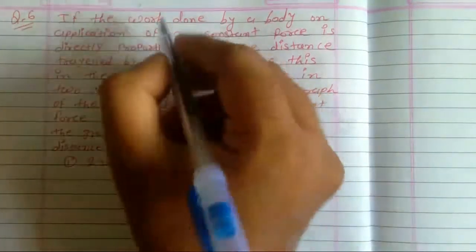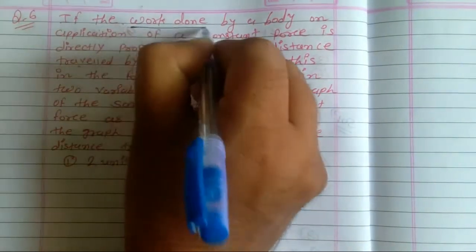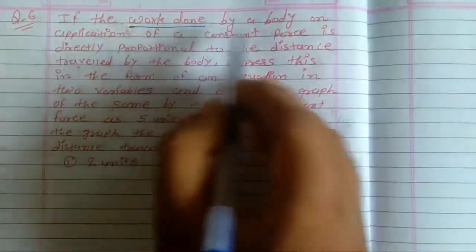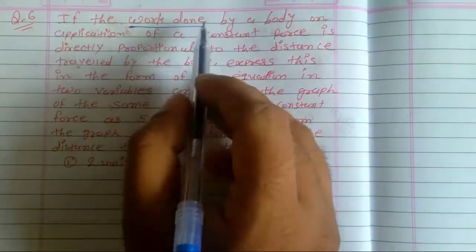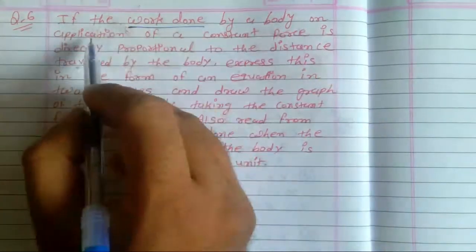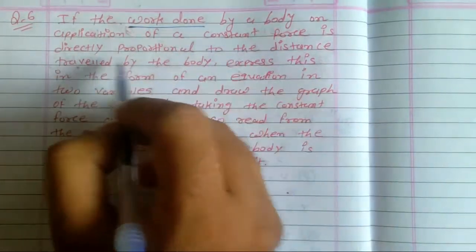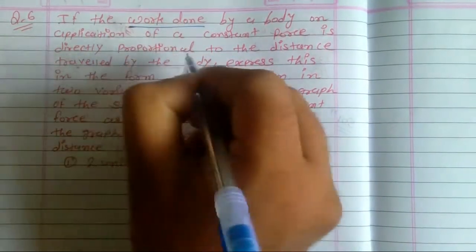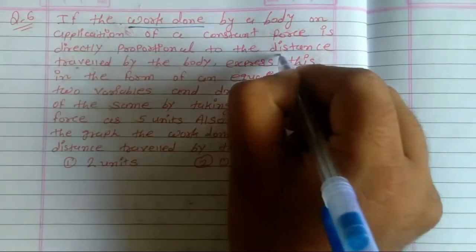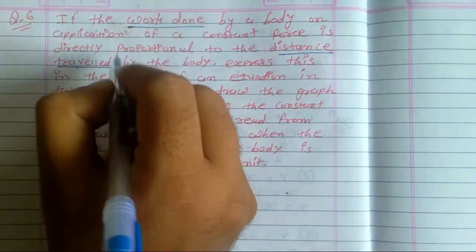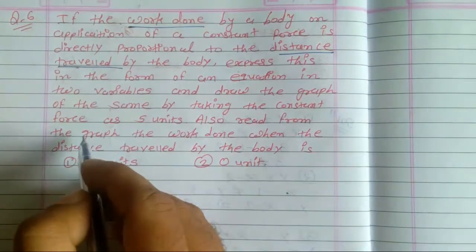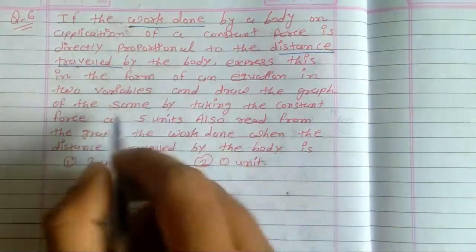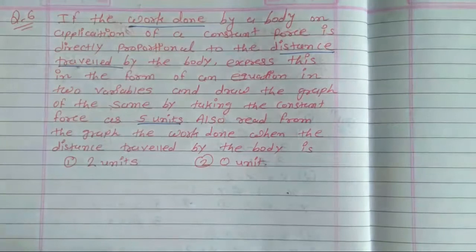So in this question we have two variables: the work done by a body on application of a constant force is directly proportional to the distance traveled. So this is the second variable, and here our constant is 5 unit.